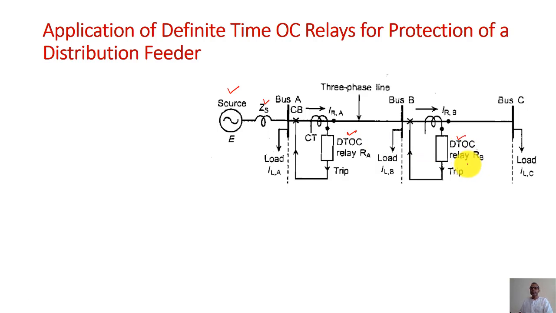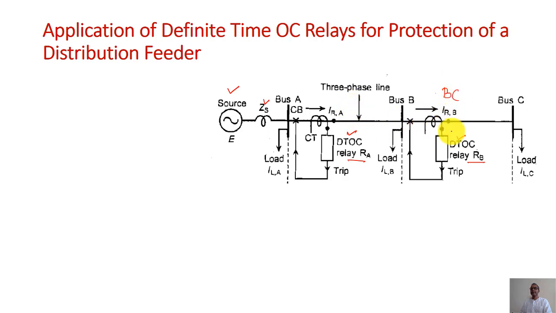And what is the purpose of RB and what is the purpose of RA? The purpose of RB is to protect this BC section of line as primary protection.